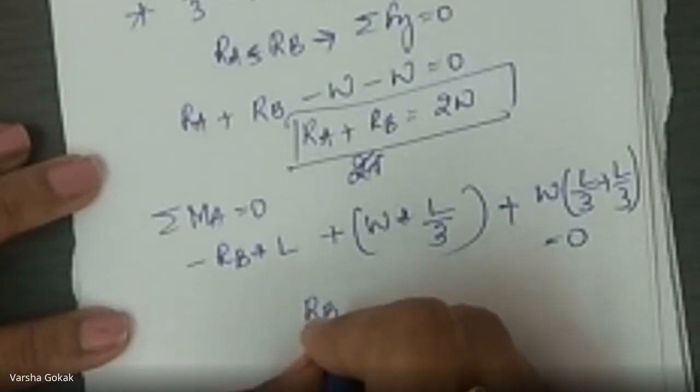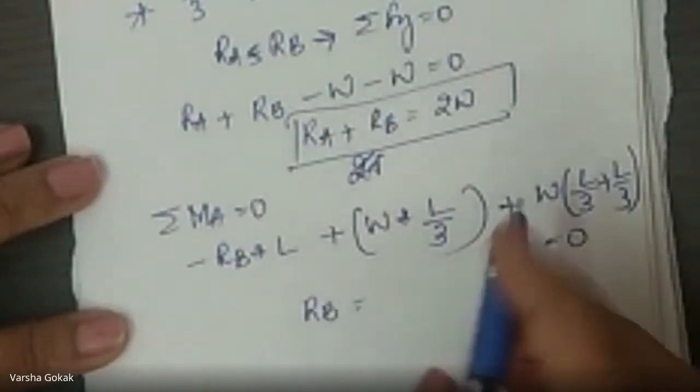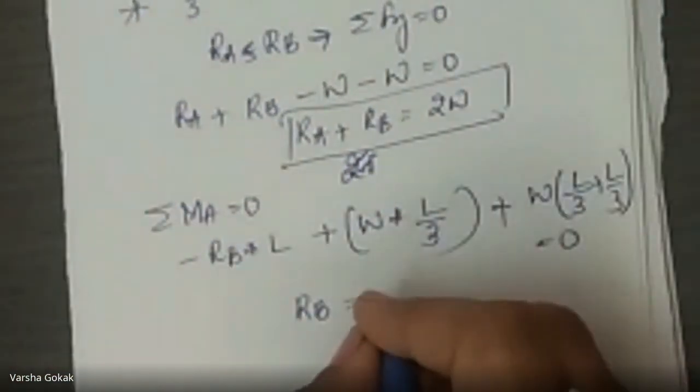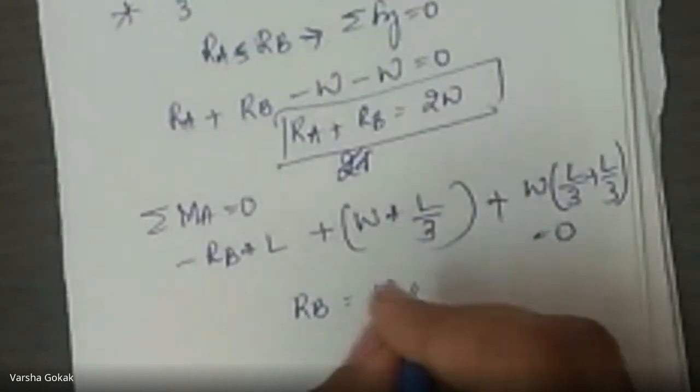From here we should get the value of RB, that is going to be W only.